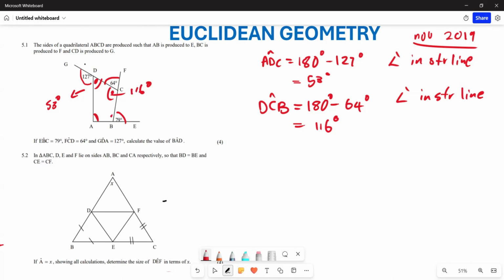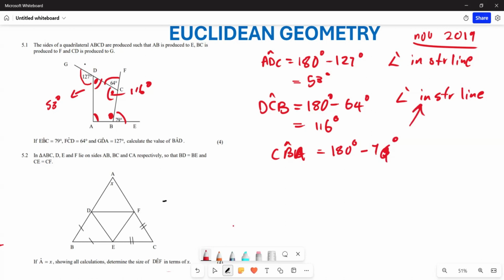Now, the last one that is remaining is this one. Again, you are going to say my angle CBA. Can you see CBA? CBA is going to be equal to 180 degrees subtract 79 degrees, and again the same reason, angles in a straight line.